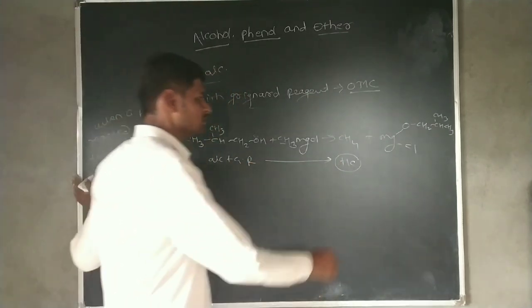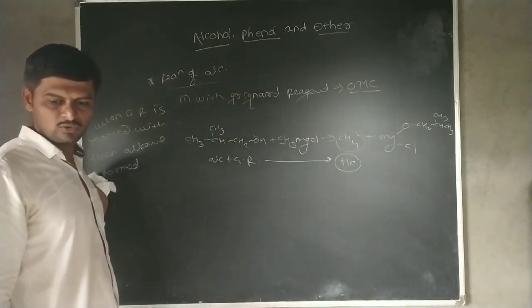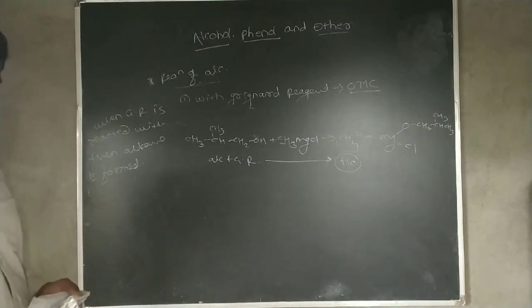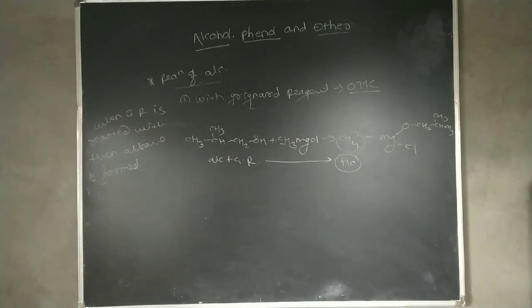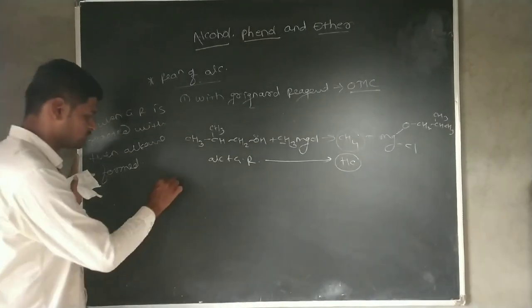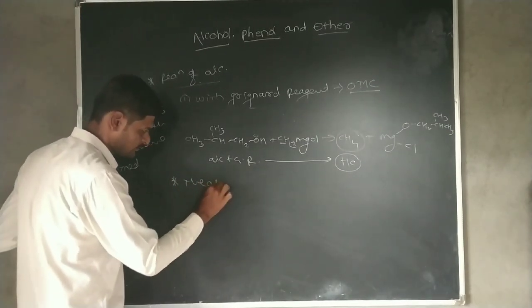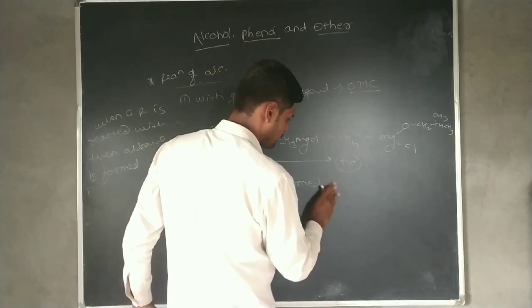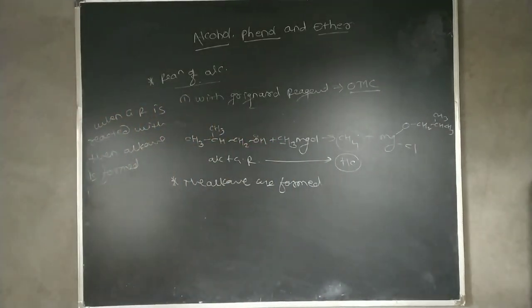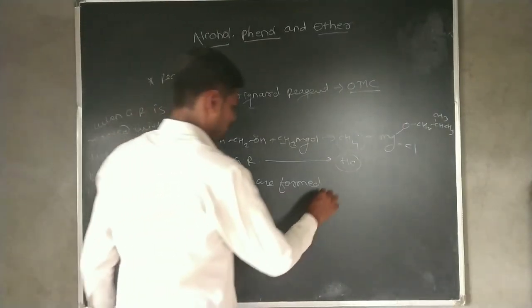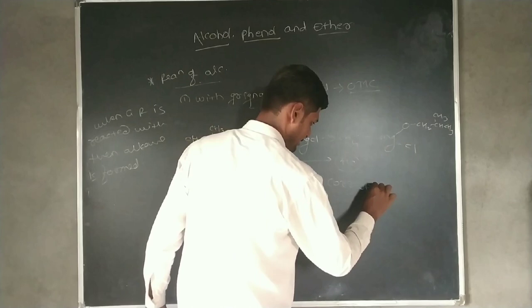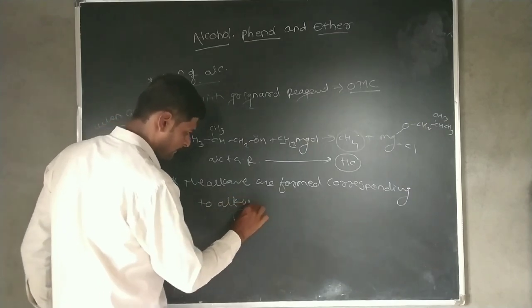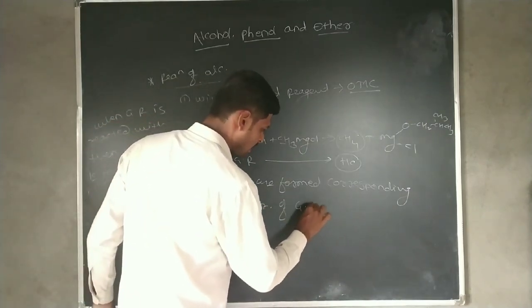Okay, but it may be noted that the product alkanes are formed, the most important point, corresponding to the alkyl group of the Grignard reagent.